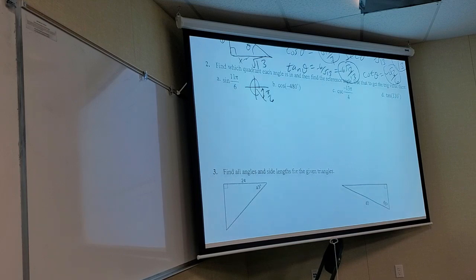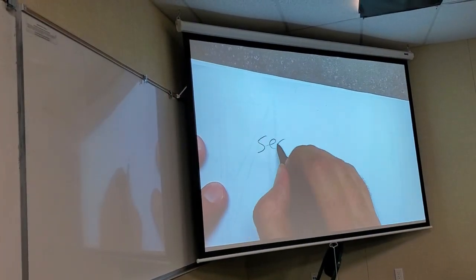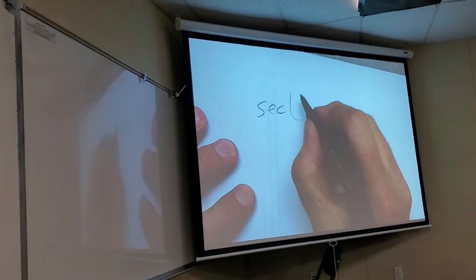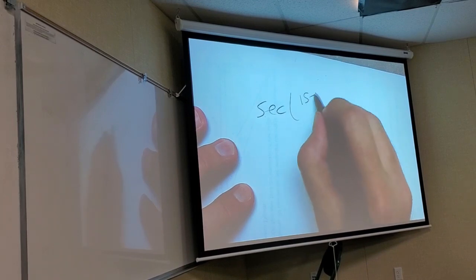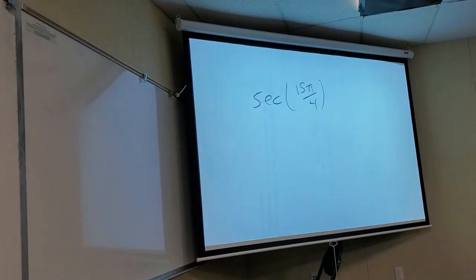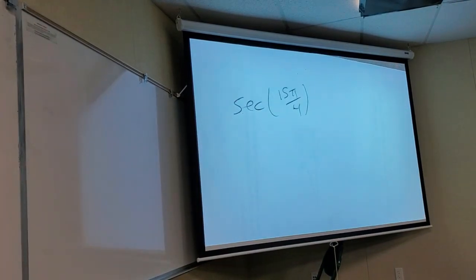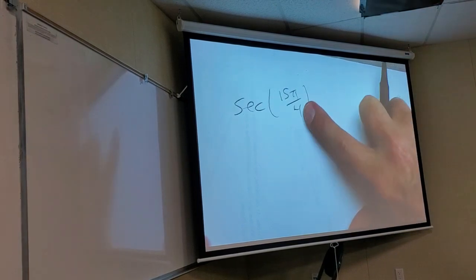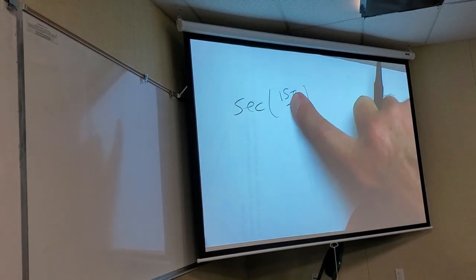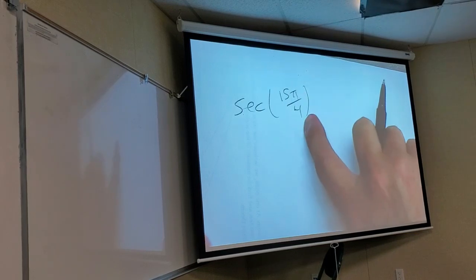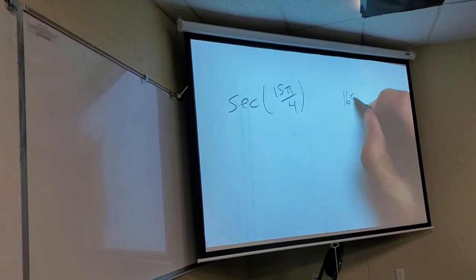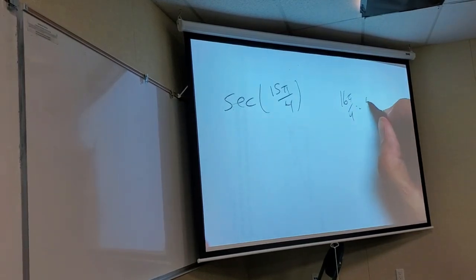Okay. So for example, if I had to do secant of 15 pi over 4, right? 15 pi over 4. What number is 15 close to that would work really well with 4? 16. So 16 pi over 4 would be 4 pi.